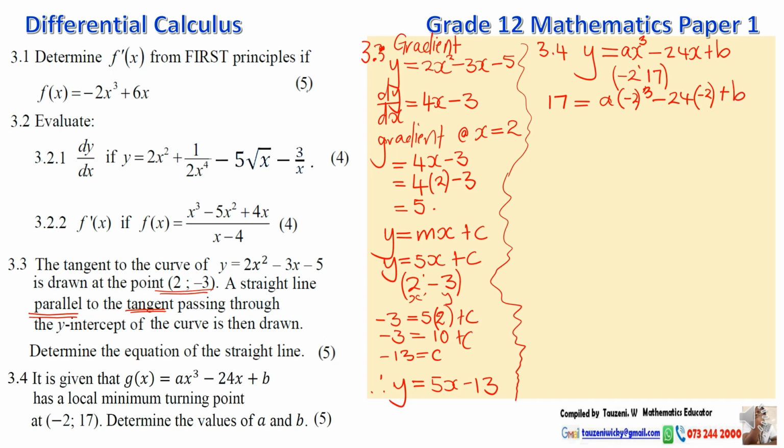So once again, what are we doing here? When given coordinates on a graph, or when told that a graph is passing through a certain point, and we are given the coordinates of that point, then we can substitute those coordinates into the equation. They satisfy the equation of the graph.